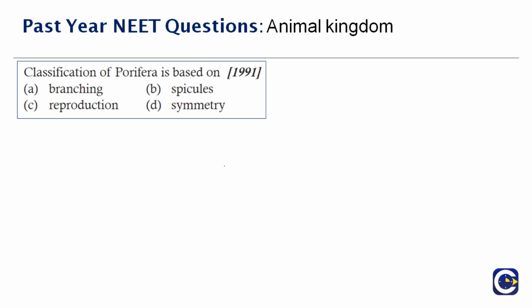Classification of Porifera is based on dash. Symmetry is common, branching is common, reproduction also is common. But classification for Porifera, when we talk about sponges, is based upon the spicules. What are these spicules actually? They are minute sharp-pointed objects or structures typically present in large numbers, such as fine particles in animals. In astronomy, they are short-lived, relatively small radial jets of gas in the chromosphere.